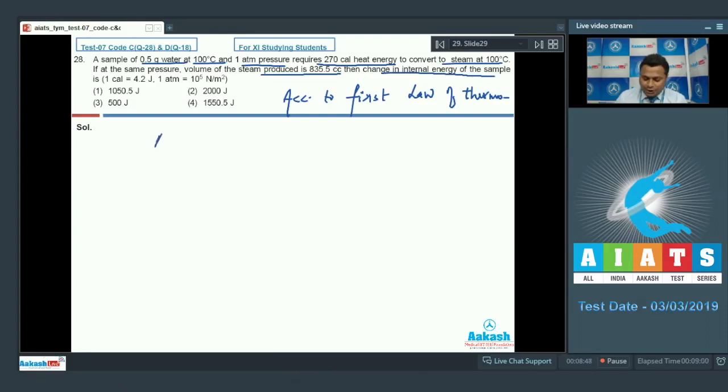According to the first law of thermodynamics, the total amount of heat supplied is given by work done plus change in internal energy. Therefore, change in internal energy delta U is the amount of heat supplied minus work done. Heat supplied is 270 calorie, but we have to calculate the answer in joule, SI system, so convert it: 270 multiplied by 4.2.